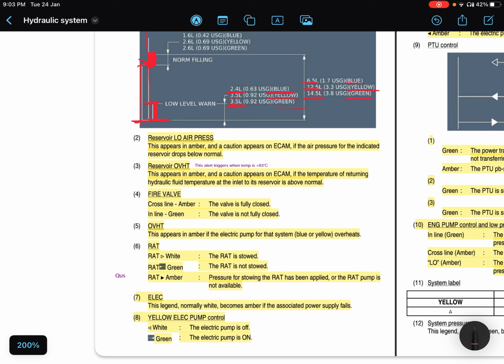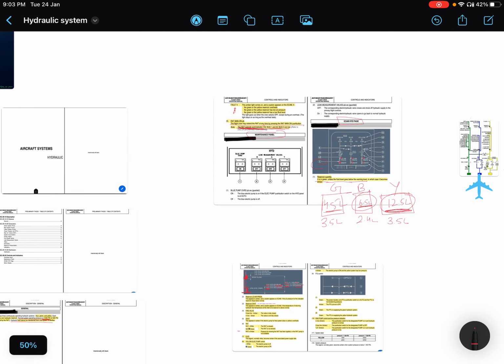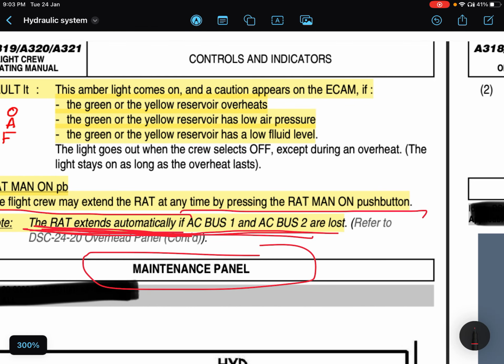Anything important? Okay, when does the reservoir overheat warning trigger? We were talking about this reservoir overheat, and the engine 1 or engine 2 fault light also. This overheat warning comes whenever the temperature is greater than 93 degrees Celsius, right?